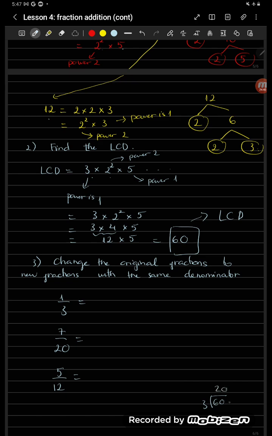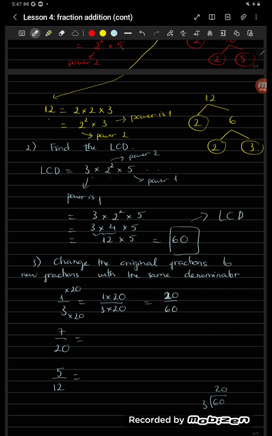So in order to turn 3 into 60, you need to times both the top part and the bottom part by 20. So 1 times 20, 3 times 20, and it equals 20 over 60.